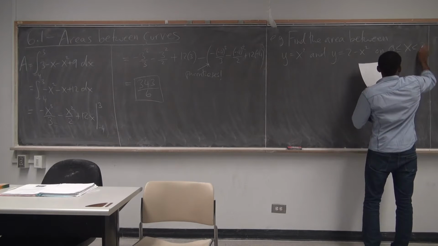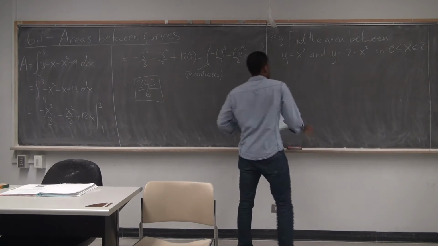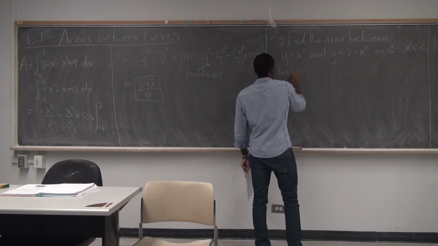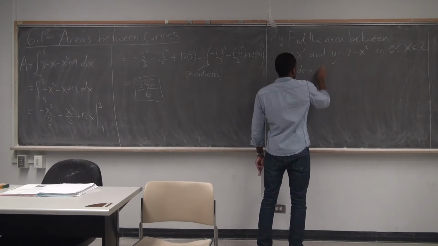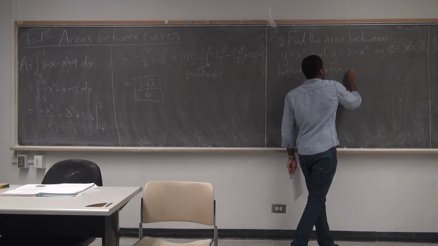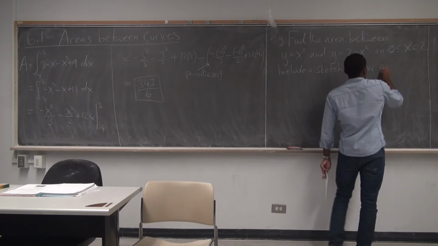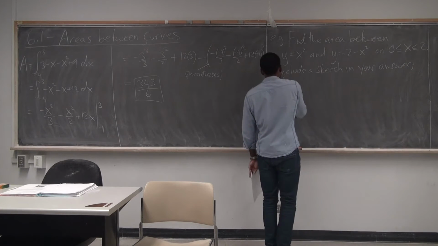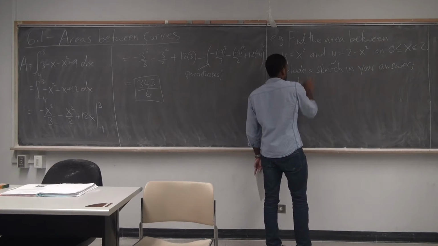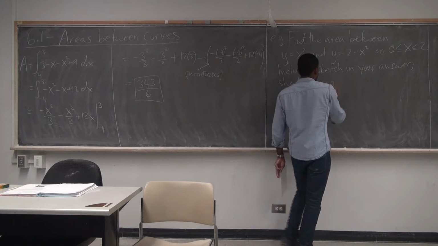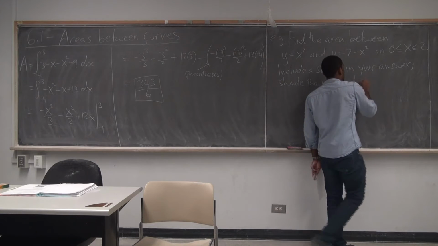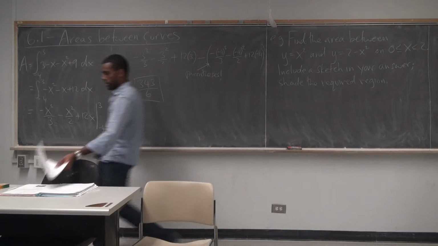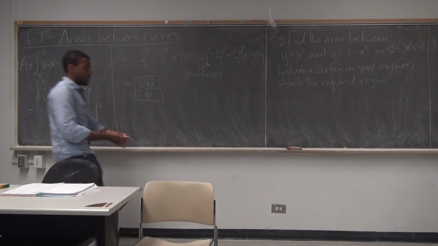Here I'm giving you limits, 0 to 2. Include a sketch in your answer. Shade the required region. So you're going to sketch it, you're going to shade the region that you want to find the area of, and then we're going to start to set things up.